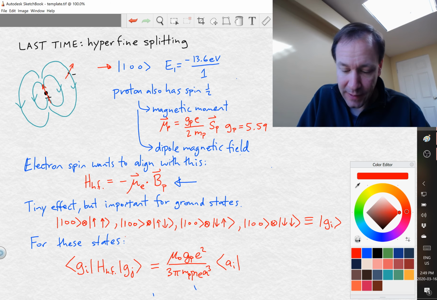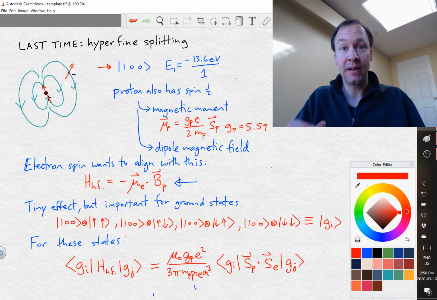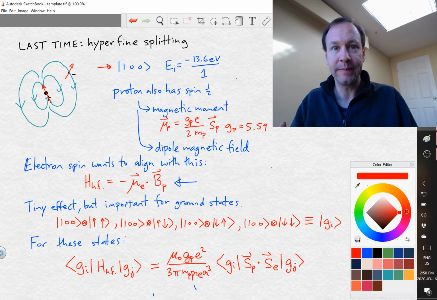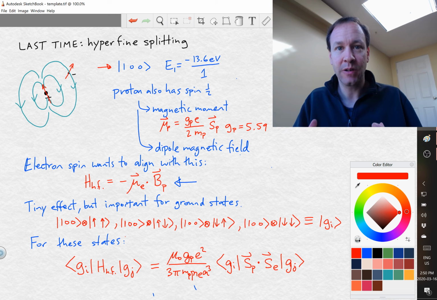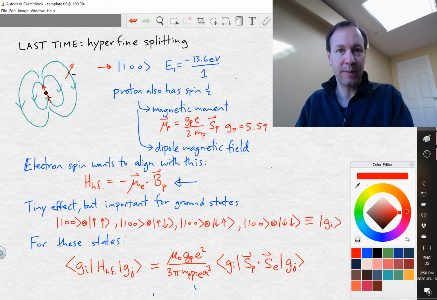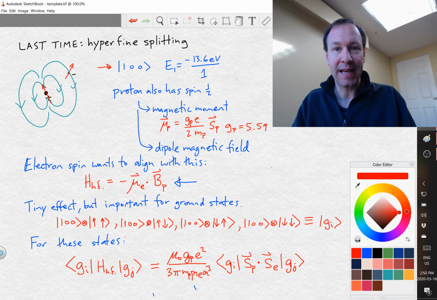And then the important thing for us is what you have left inside the matrix, oh sorry, these are g's. Okay, so those are our ground states. What's inside is this operator, the vector of spin operators for the electron dotted into the vector of spin operators for the proton. And so that's just like the spin orbit coupling, where one of those used to be the orbital angular momentum and one was the spin angular momentum. Now it's the proton angular momentum and the electron angular momentum.